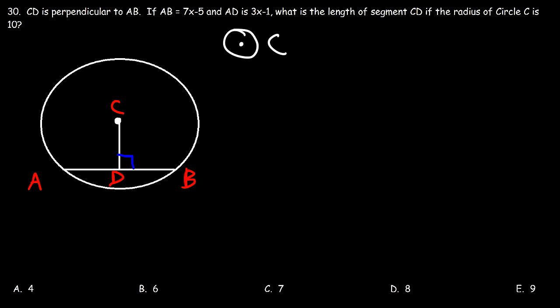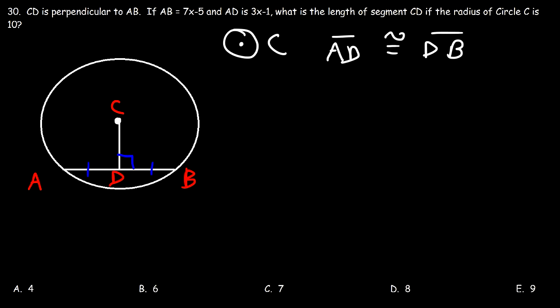Now, whenever you have a segment that extends from the center of the circle and it's perpendicular to a chord, then the chord is going to be bisected into two congruent parts. So that means that AD is congruent to DB, which means D is the midpoint of chord AB.